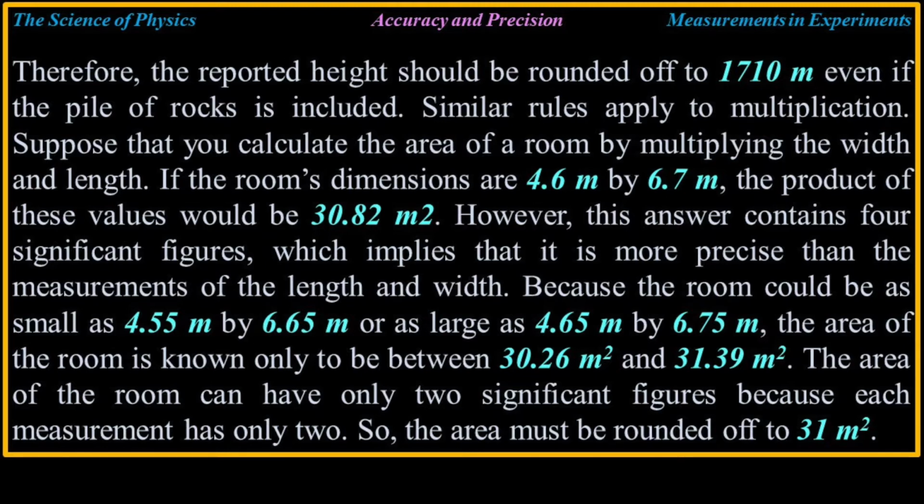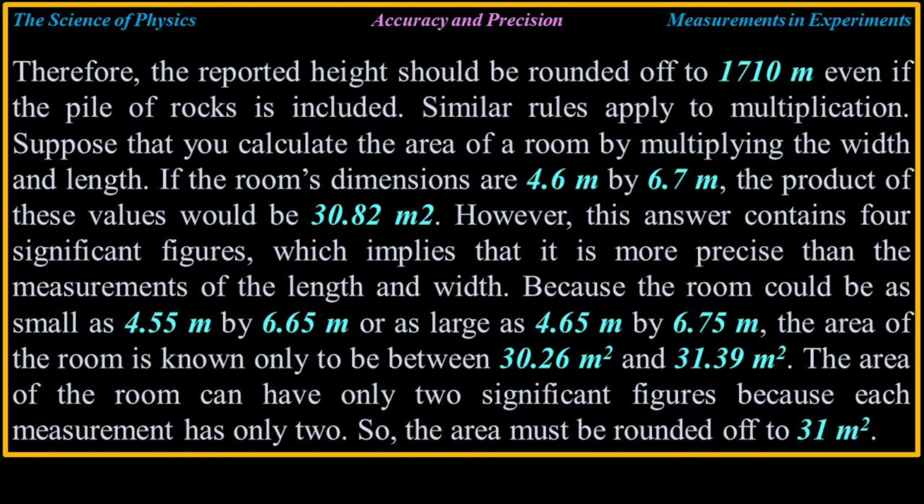However, the answer contains 4 significant figures, which implies that it is more precise than the measurements of the length and the width, because the room could be as small as 4.55 meters by 6.65 meters, or as large as 4.65 meters by 6.75 meters.